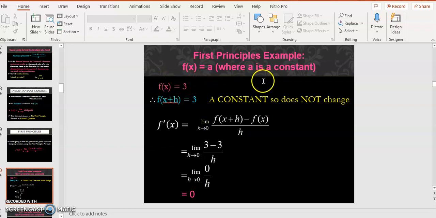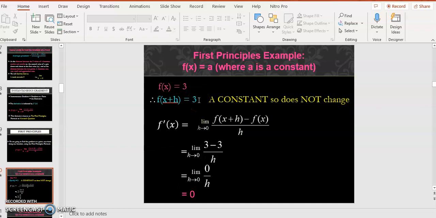The first thing you need to do is find f of x plus h. Remember, this 3 is constant, so f of x plus h will also be 3.